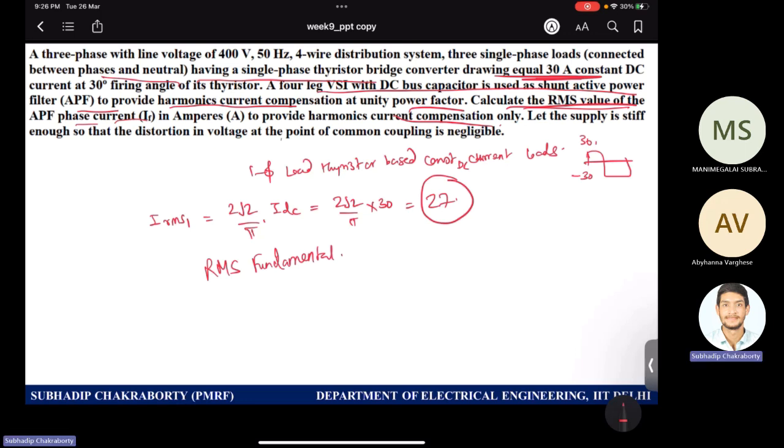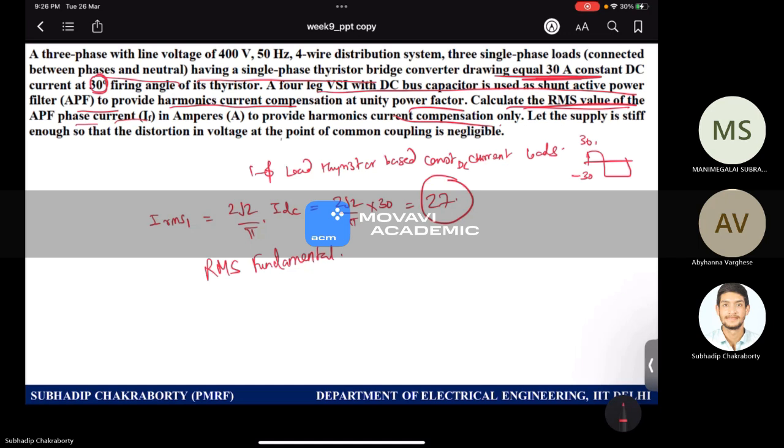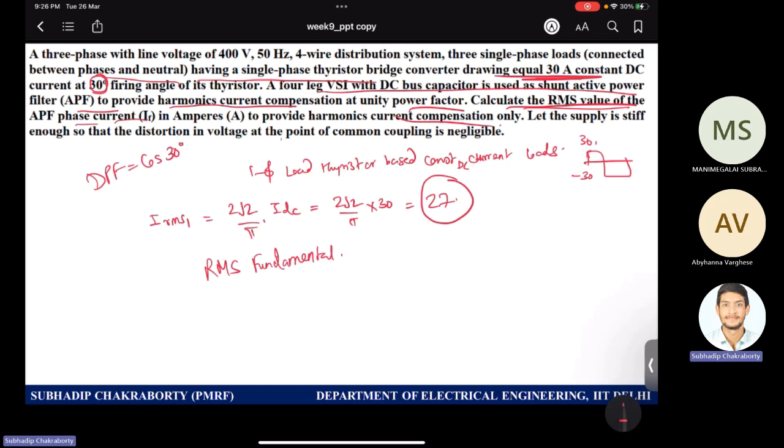But you see that I have fired at 30 degree, right? So there is a displacement power factor of cos 30 degree, since your waveform is shifted compared to the voltage. Please understand, your waveform is shifted by 30 degree.